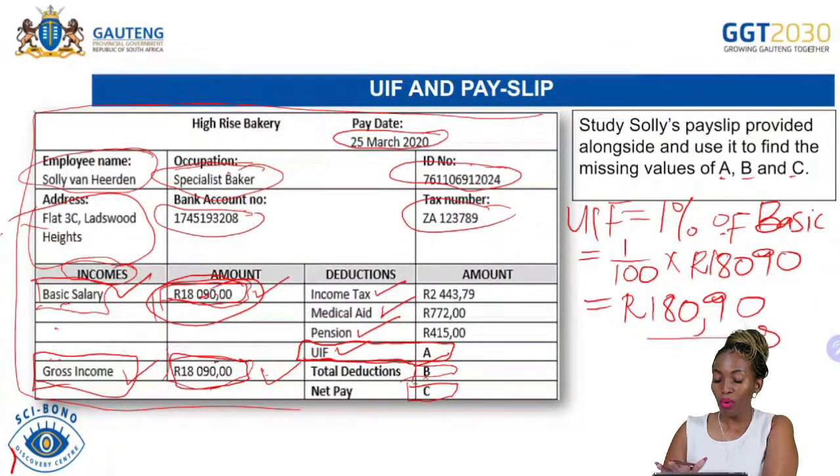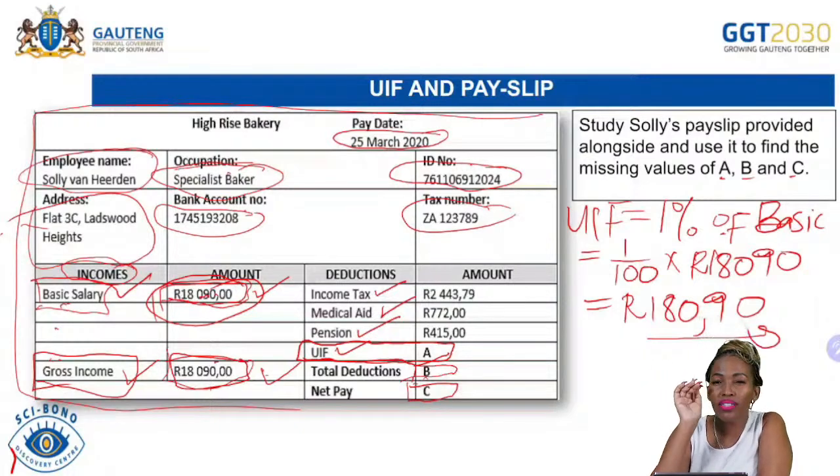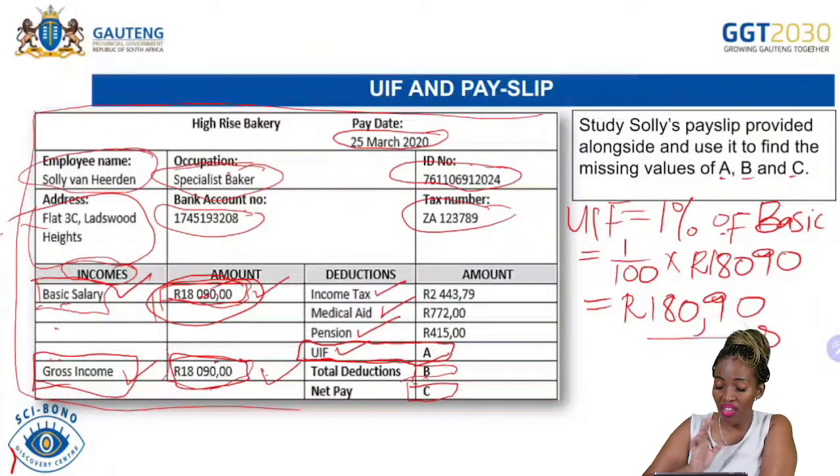And remember, when it comes to the issue of the maximum ceiling, the examiner will tell you. If they are not saying anything about the maximum ceiling, then you are also not going to say anything. Just like this question. This question is very silent about the maximum ceiling. Therefore, we are going to pretend that it doesn't exist, and then we work with what we have. So this is the value of A.